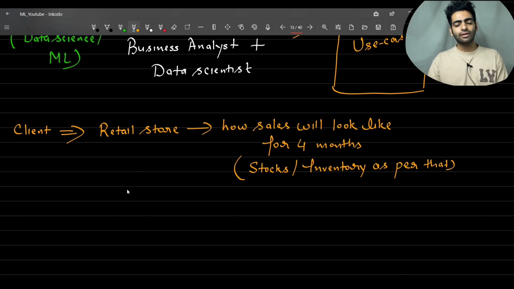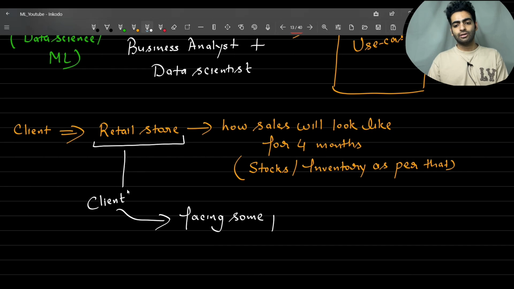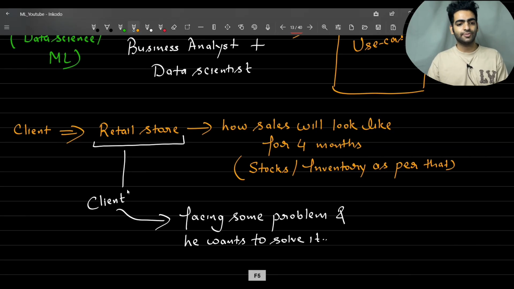So I can say that the owner of the retail store is the client, because a client is someone who is facing some problem and wants to solve it at any cost. That's exactly what a client is.